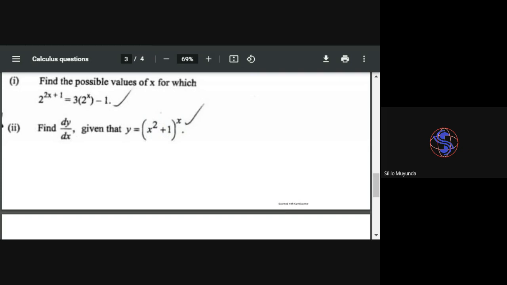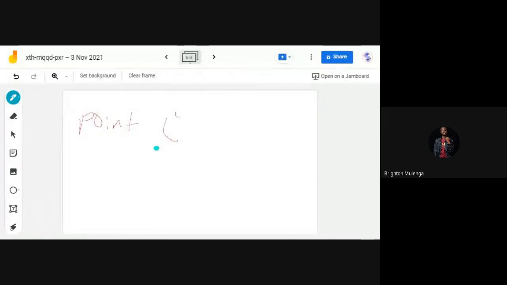Let's see if it's possible. But how can we find something that has a power of x minus 1? Can that be simplified? Maybe, I don't know. Let's try it out.